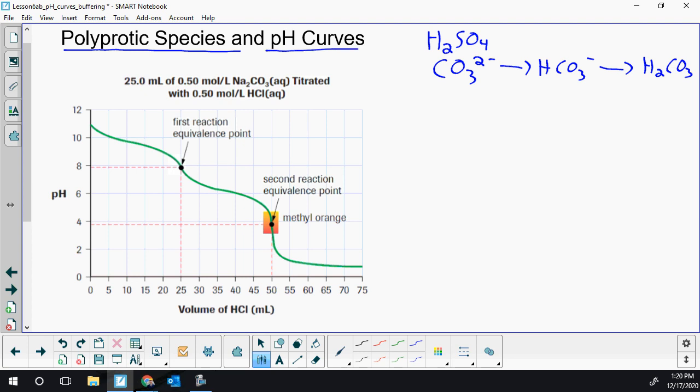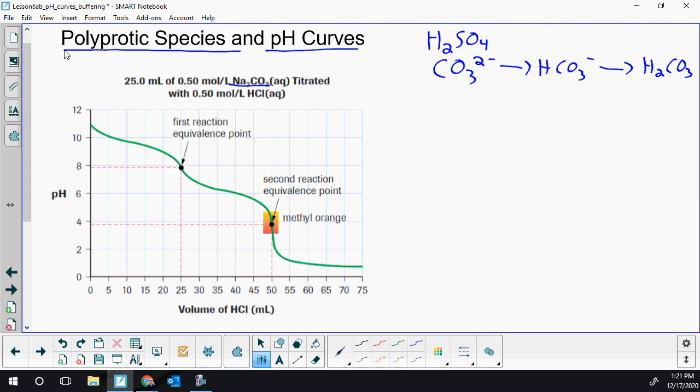Okay? pH curves we've been talking about. In this particular example, we have sodium carbonate, Na2CO3, titrated with hydrochloric acid. So I'm going to get out that first reaction that's going to occur. I'm saying first reaction because carbonate is polyprotic.